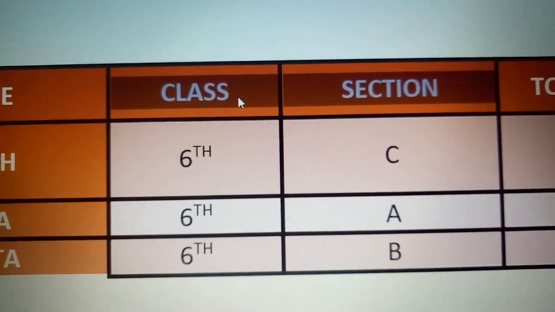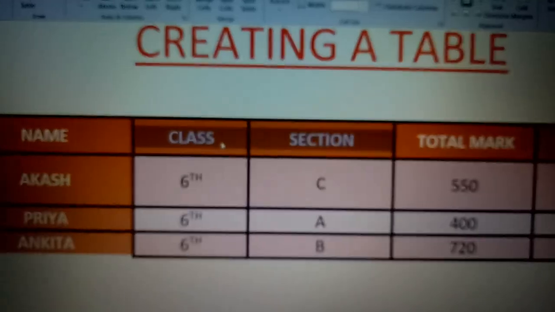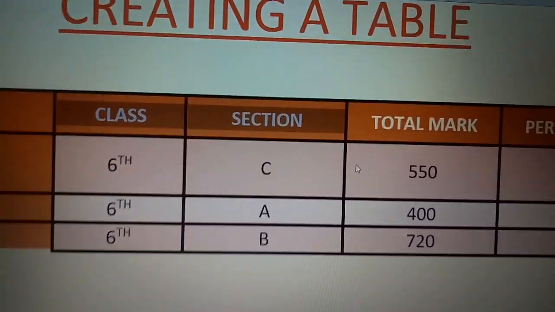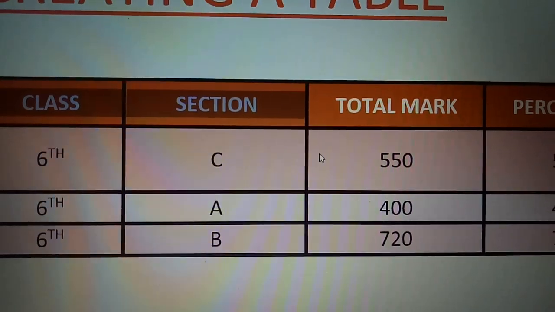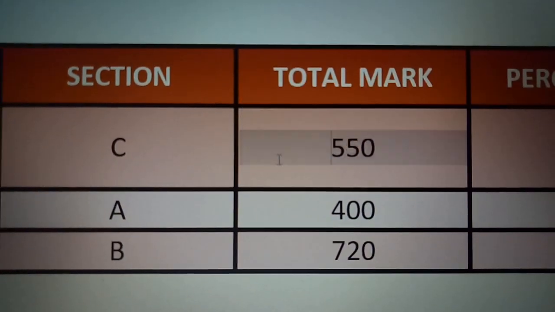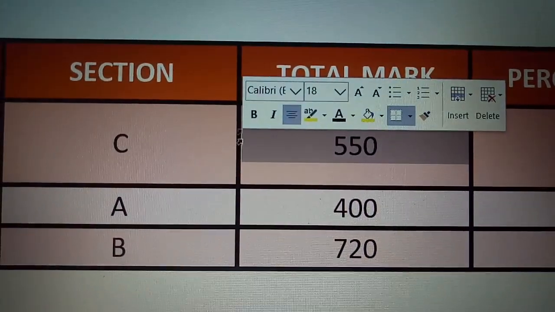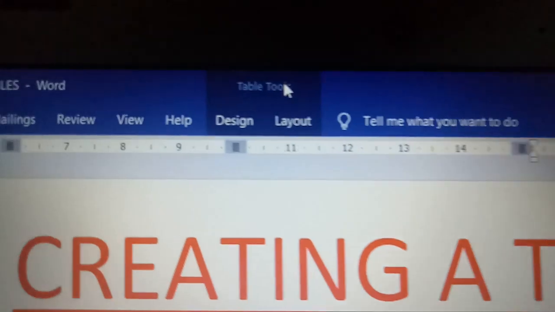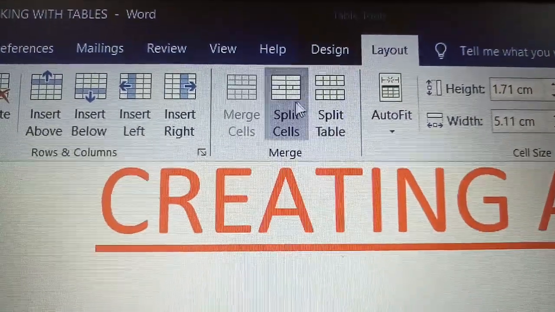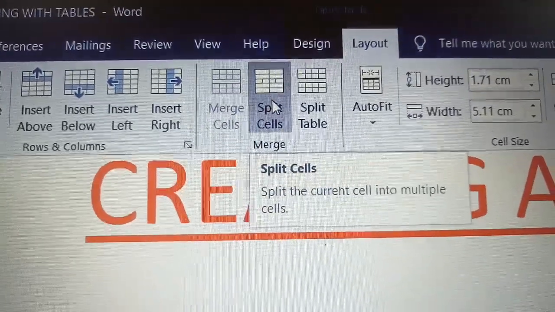Second one is splitting the cells into more. Splitting the cells means one cell getting divided into a number of cells. Okay, let us say this one. Which one? Second row, fourth cell, right? This one. So as usual you select the cell and then table tools, layout option and split cells, right?